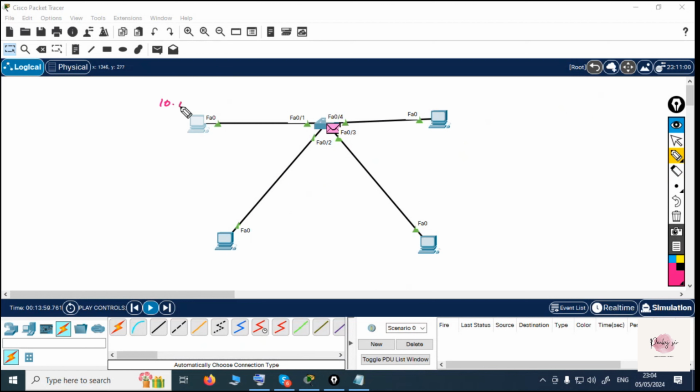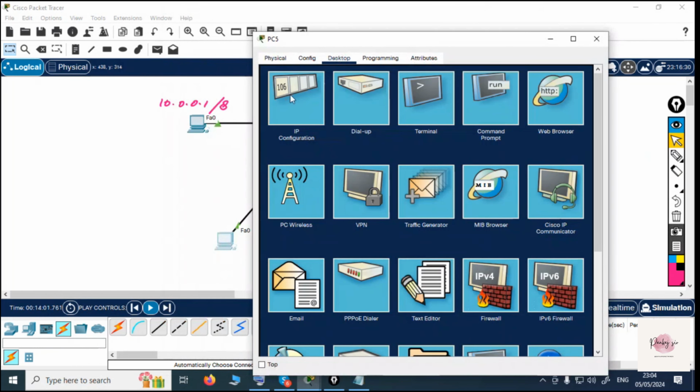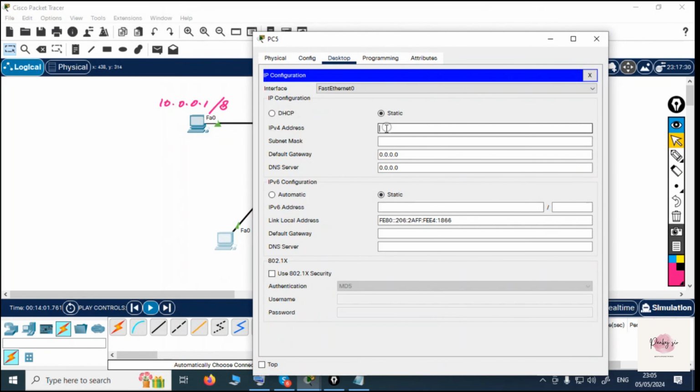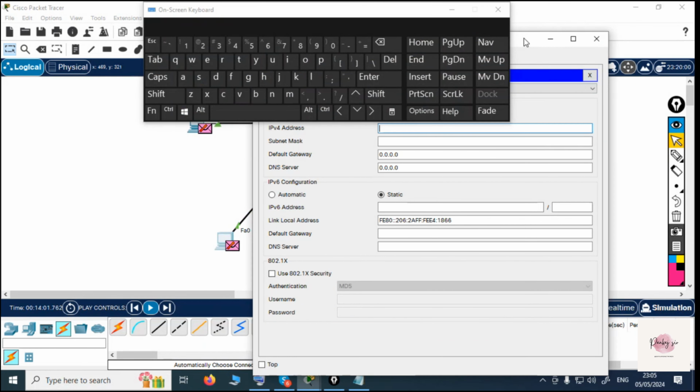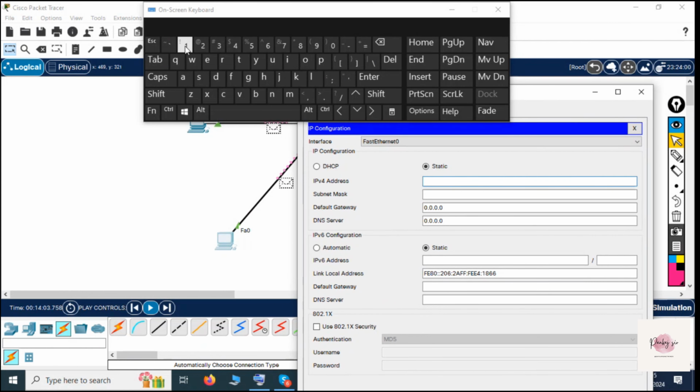So here we have 10.0.0.1/8. Let's configure the same IP address in this PC. And try to look carefully. 10.0.0.1. Got it?